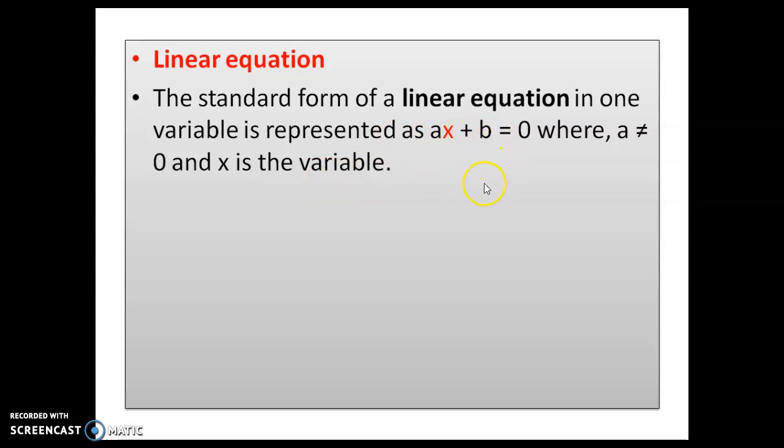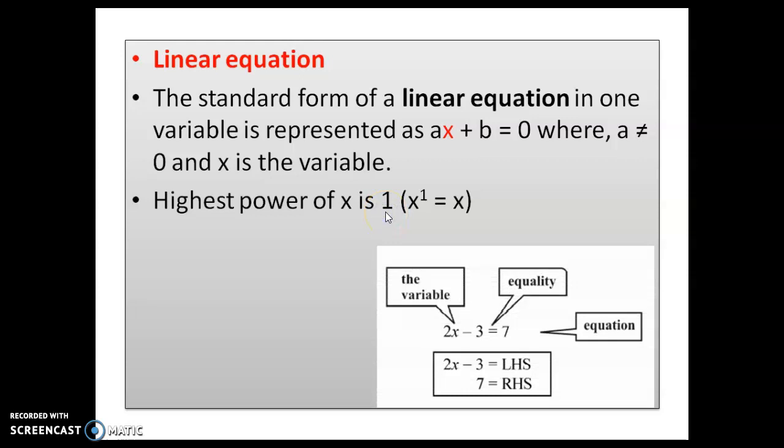If any equation is of this form, we can call it a linear equation. The highest power of x is 1. That is also very, very important. Whenever we write an equation where the variable has the maximum power of 1, then that's a linear equation.